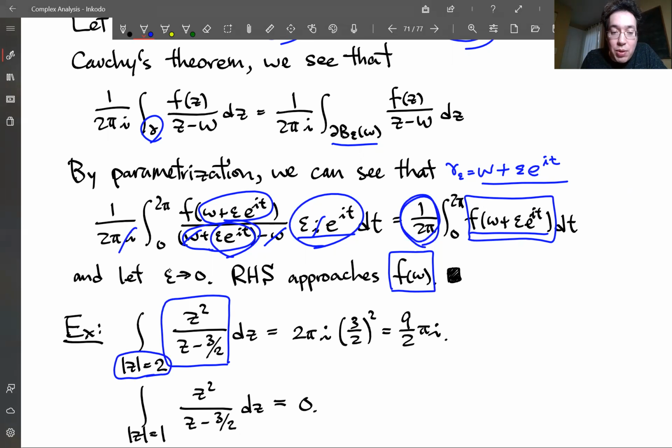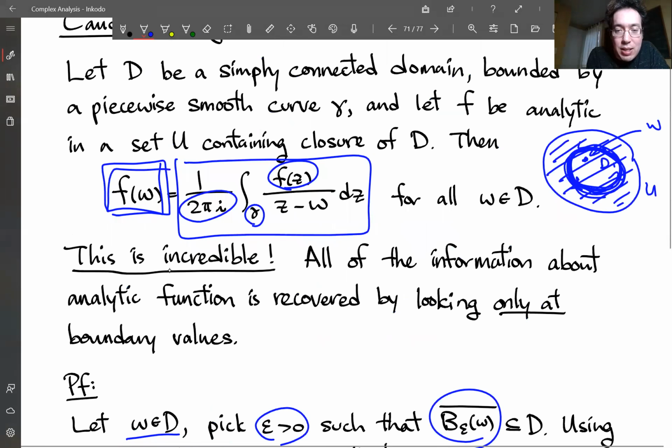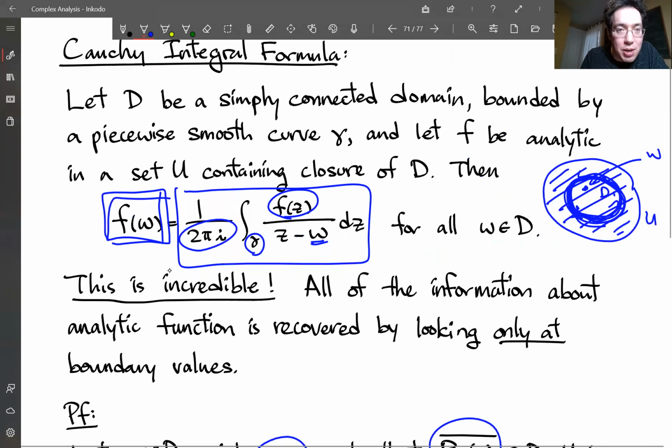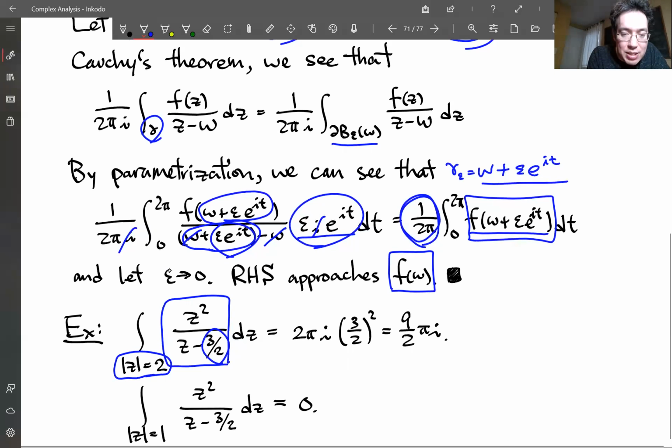If you look at a circle of radius 2 around the origin, it contains this point 3/2, which is the w in this Cauchy integral formula right here. So I'm thinking of z squared as my f, and 3/2 as my w.